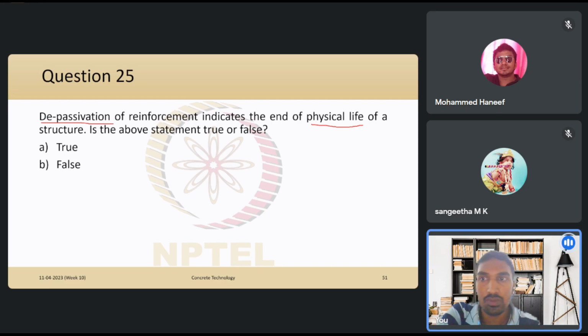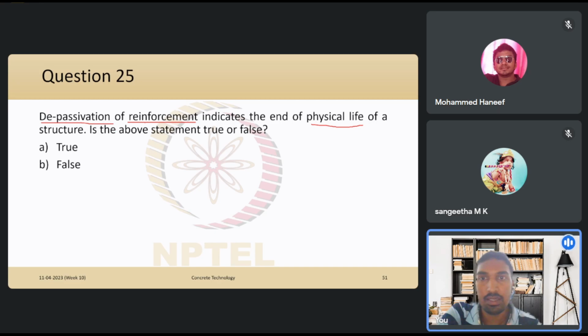So depassivation is what? When you have the reinforcement, you'll have some protective cover, right? So it will not immediately undergo corrosion, right? It will take some time. Once this protective layer is totally removed and the steel is exposed, and corrosion starts occurring, that's what we call depassivation, right?